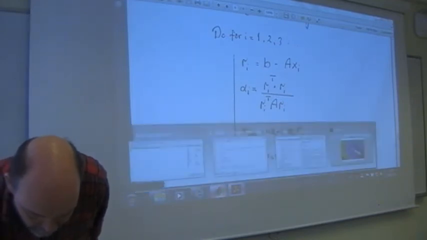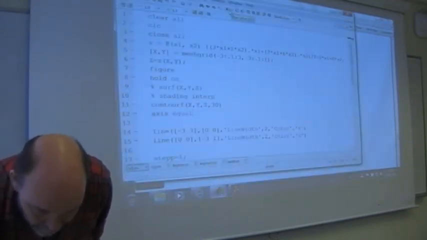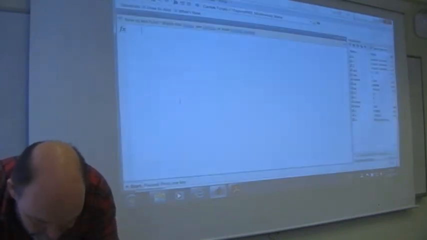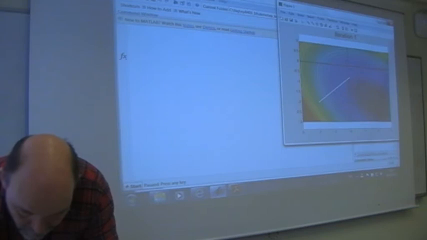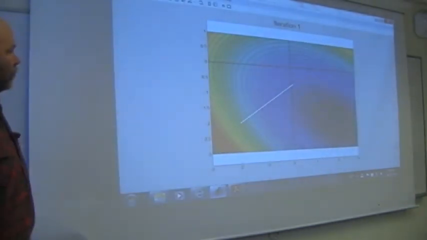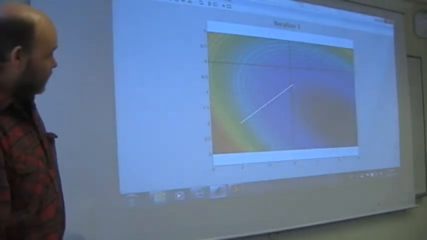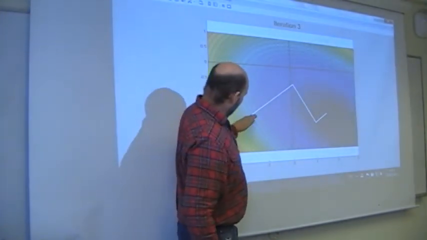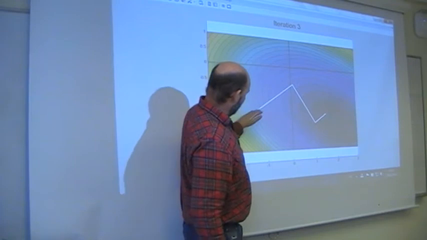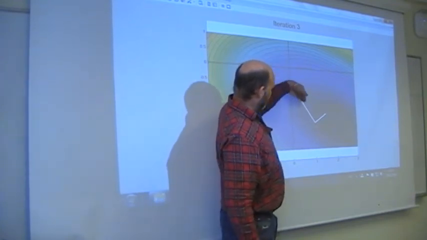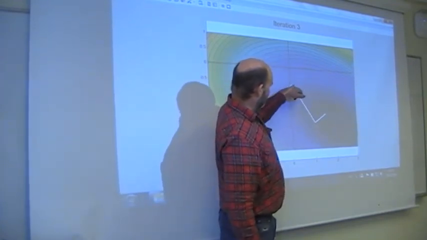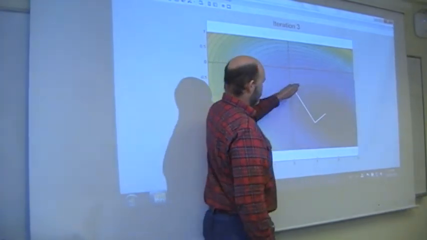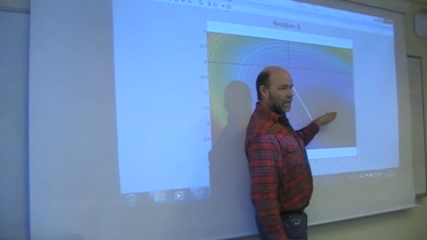If you look at the way it works, you will see the first step perpendicular to this also occurs here, and then 90 degrees, more or less, and then 90 degrees again, meaning this direction and this direction has been used twice.